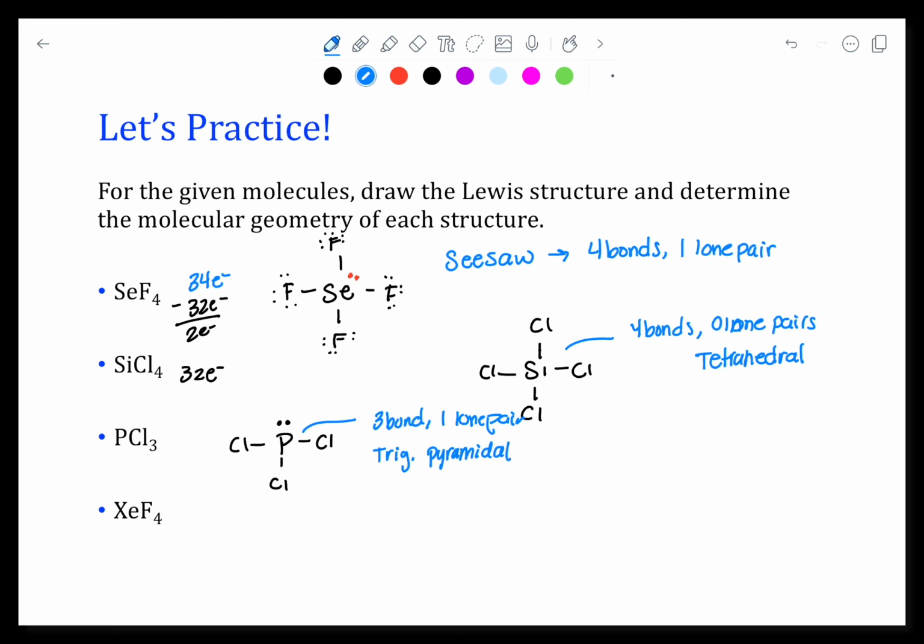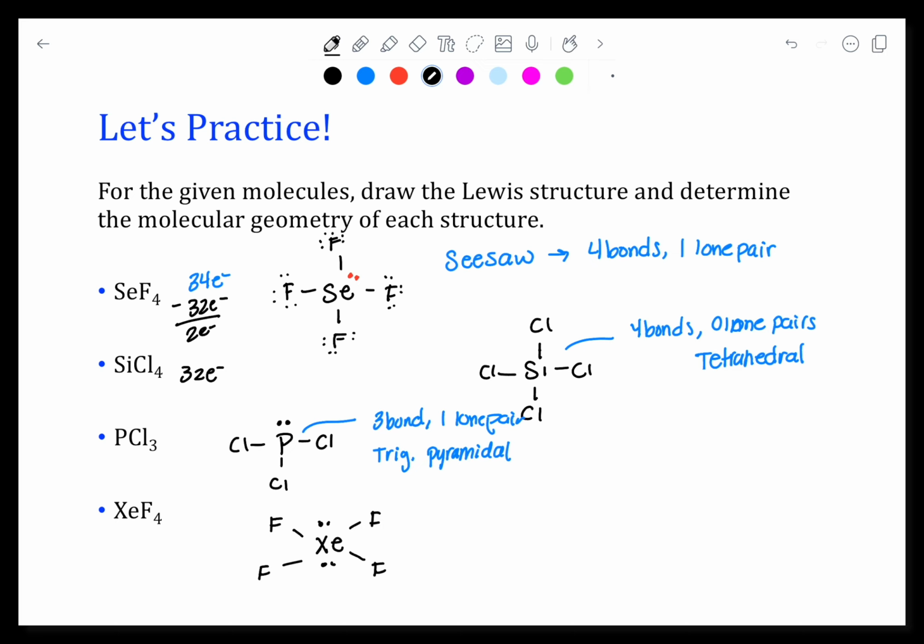Okay, and then we have XeF4. So this one, lone pairs matter. We have Xe. I'm going to try to draw this as dimensional as I can. Then we have 2 lone pairs on the xenon. Did you get the 2 lone pairs on that xenon from your count?